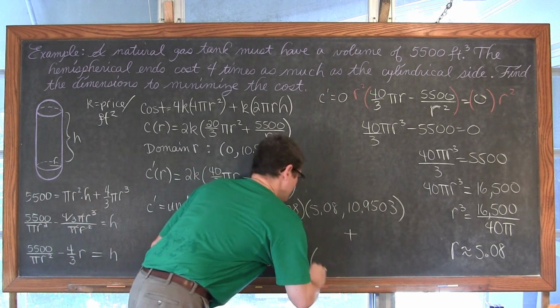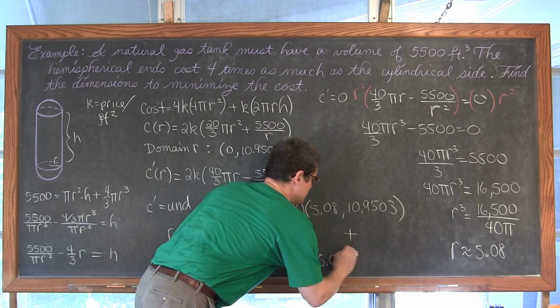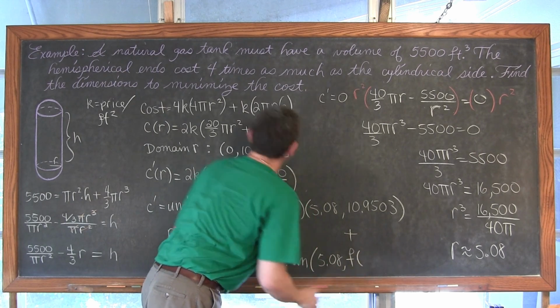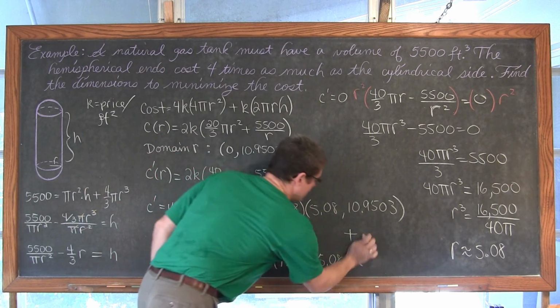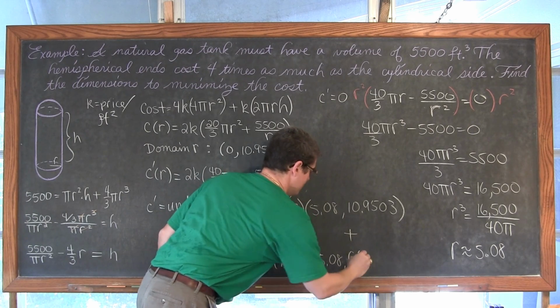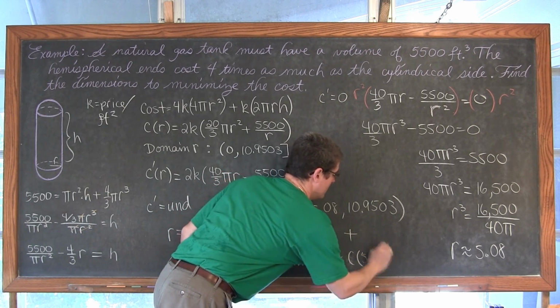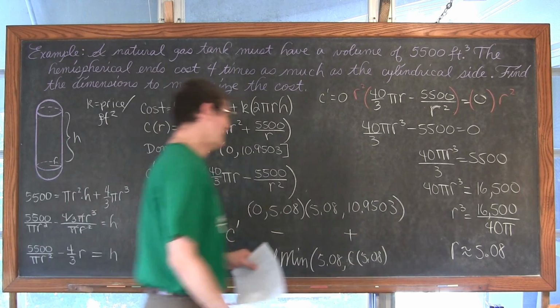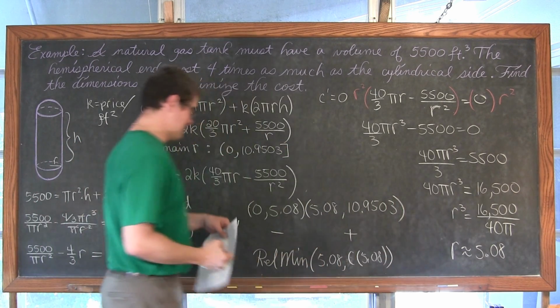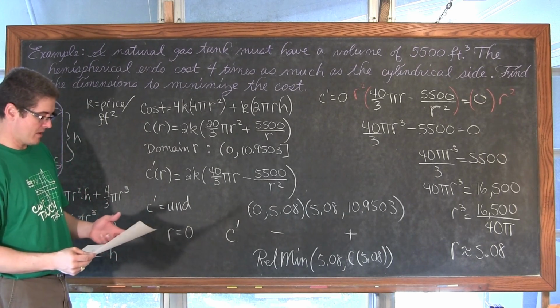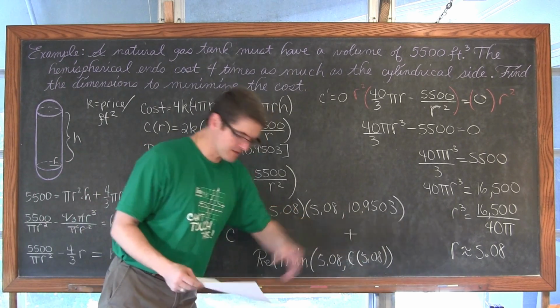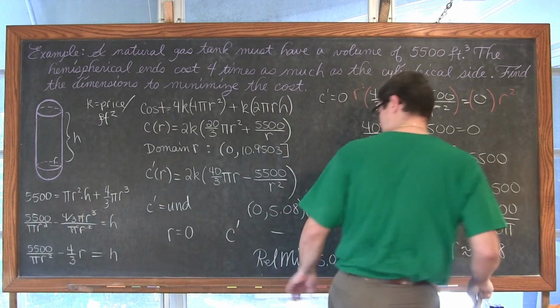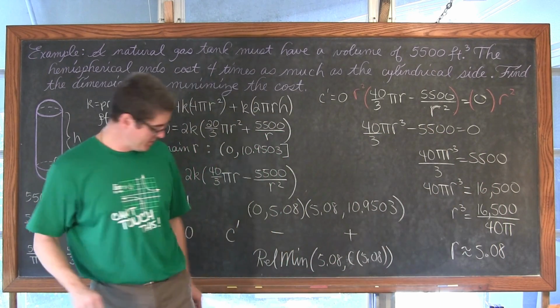at 5.08. C for cost, C of 5.08. I'm out of space again, so let's just erase another part of the board and do it again.